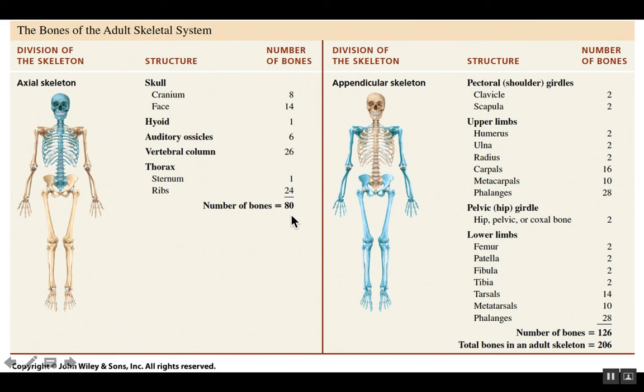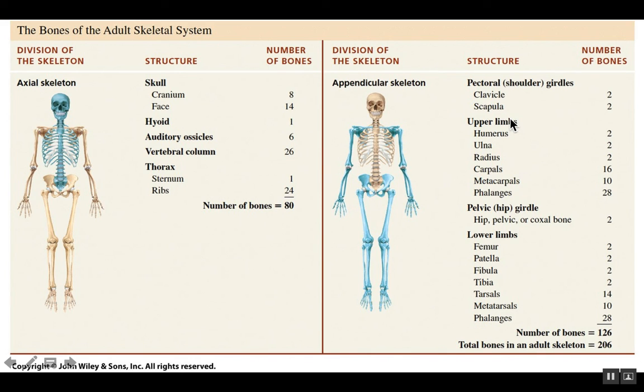The appendicular skeleton, which consists of bones of the upper and lower limbs, consists of 126 bones. So when we get to that division, we will begin with the pectoral or shoulder girdle, which consists of a clavicle and scapula.